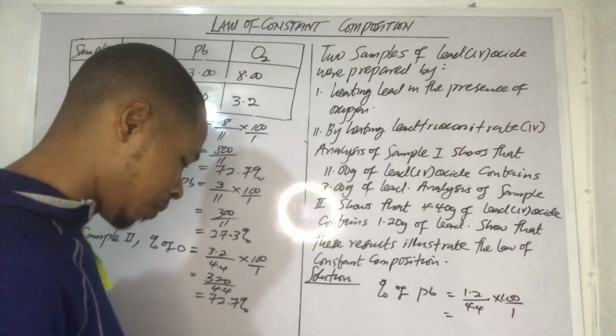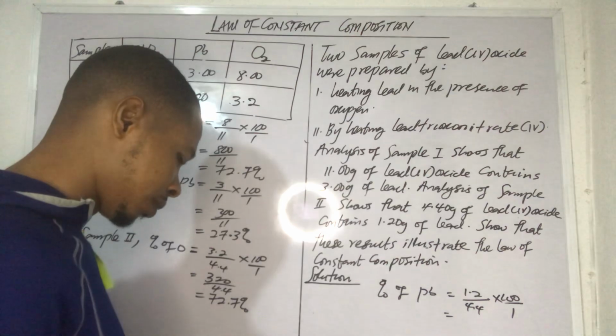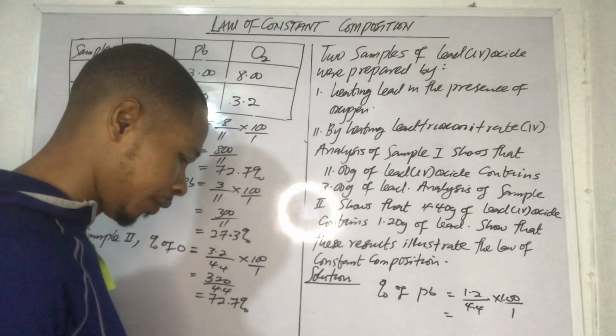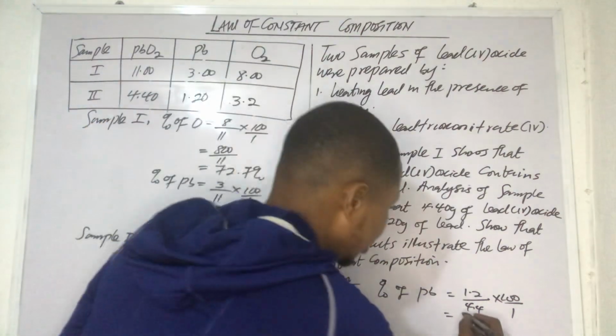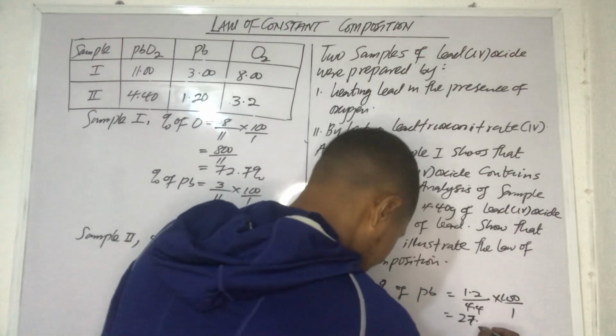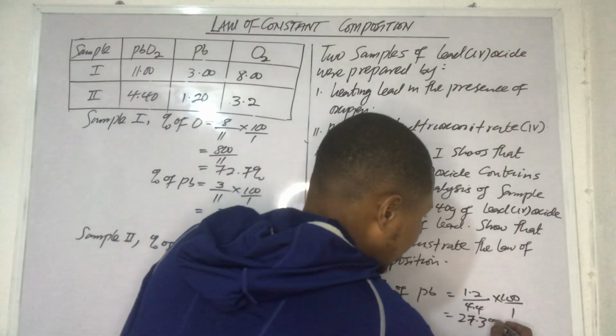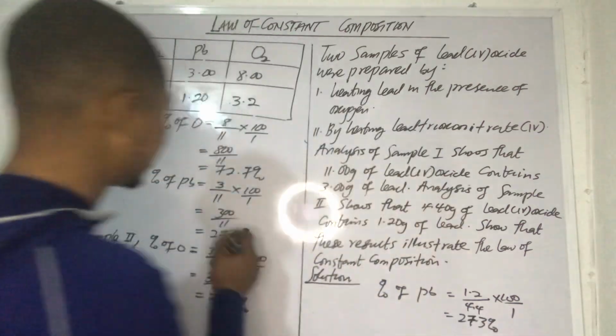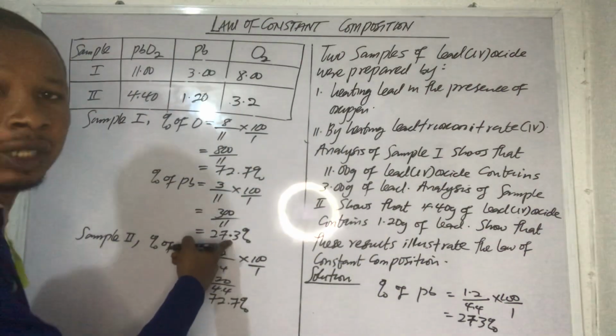So you have 1.2 times 100 divided by 4.4, and that will still give me 27.3%, the same as the lead in the first sample.